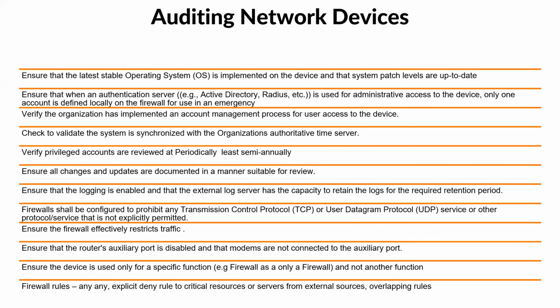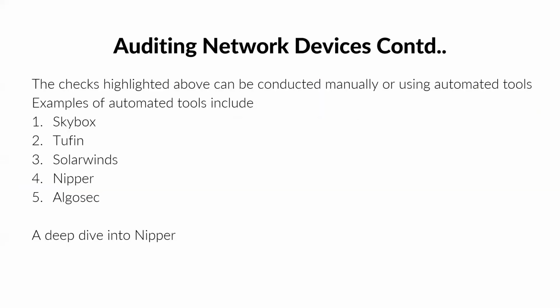Okay, then finally, when we are carrying out audits, we can carry out security audits or network audits using two means, which is either manual or using automated tools. Using manual means works. However, how effective is it?